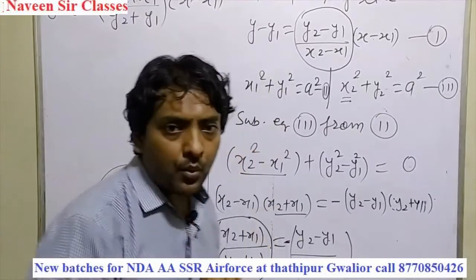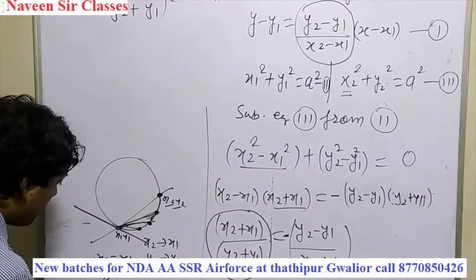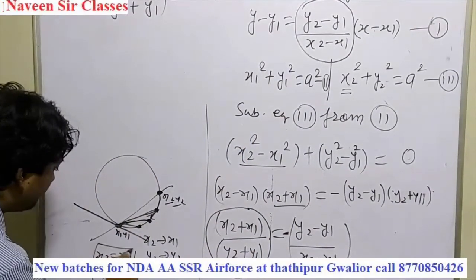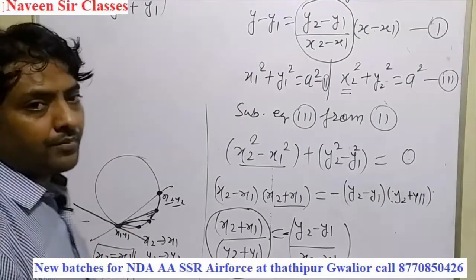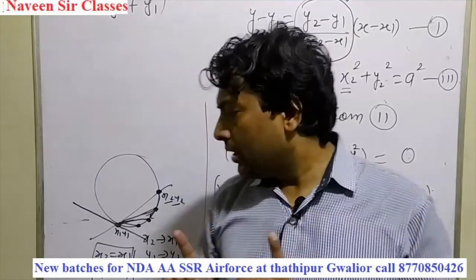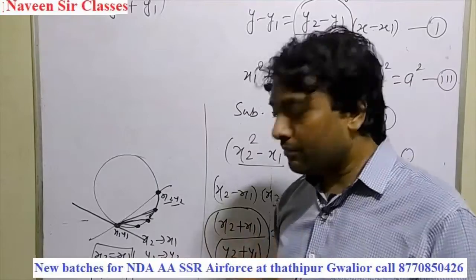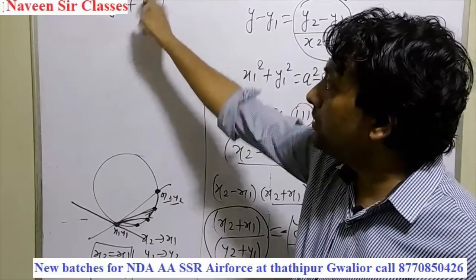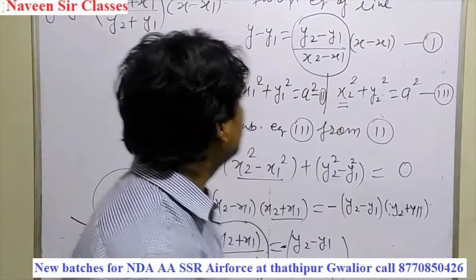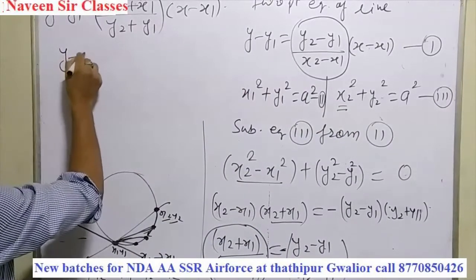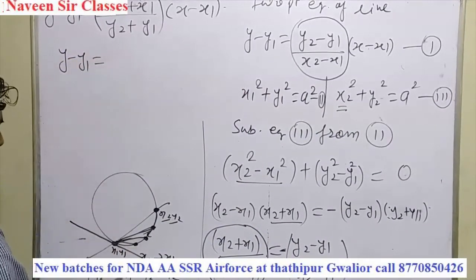So we will get the point y2 equal to y1 at this point. Clear? So x2 is equal to x1 and y2 equal to y1. We will put here, we will get y minus y1 equal to minus x2 equal to x1.